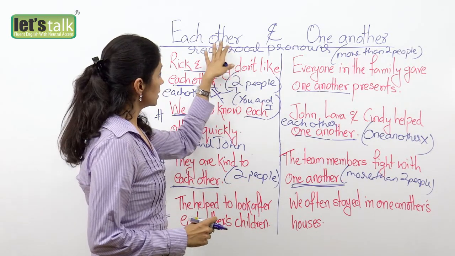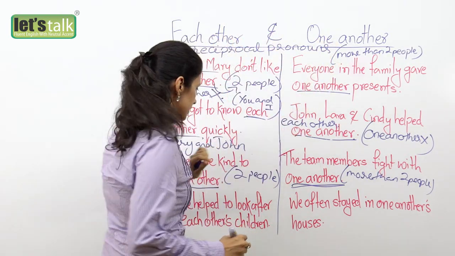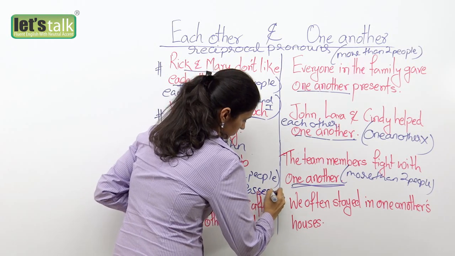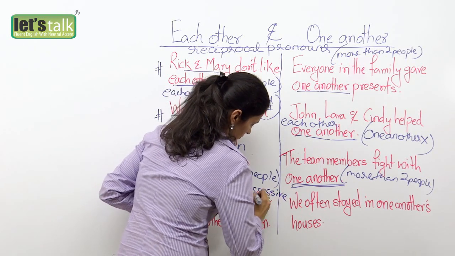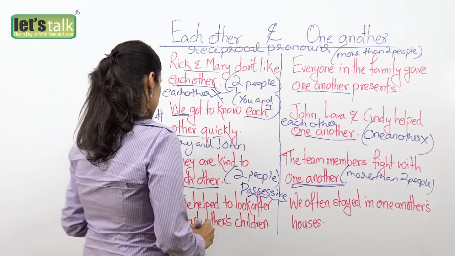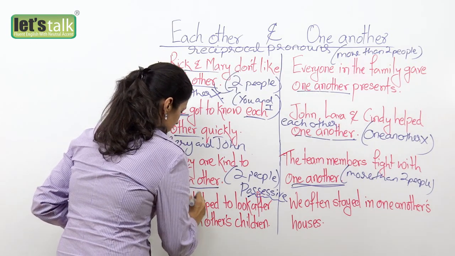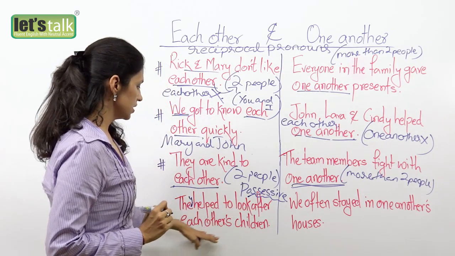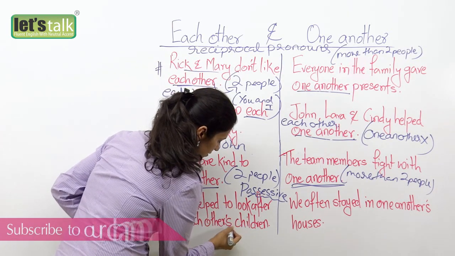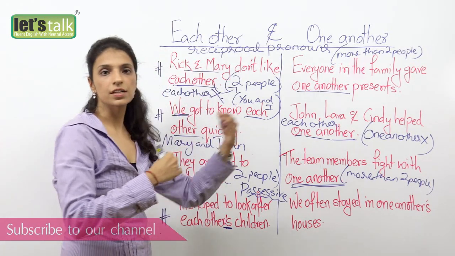Now, we use each other and one another as possessives. Like this: they helped to look after each other's children. Now remember, you put an apostrophe s, each other's.